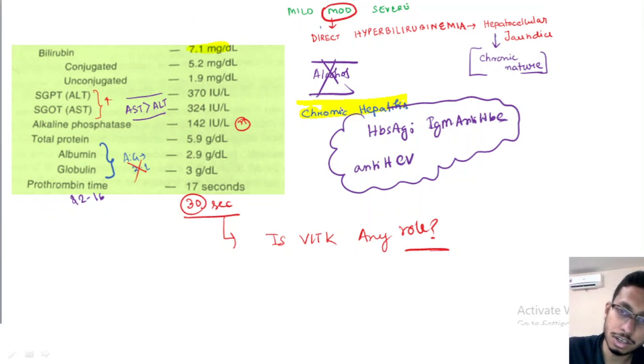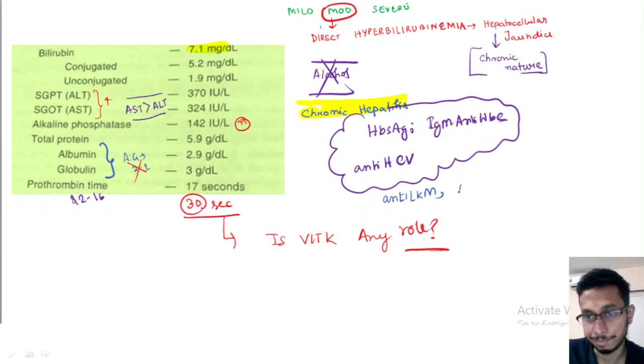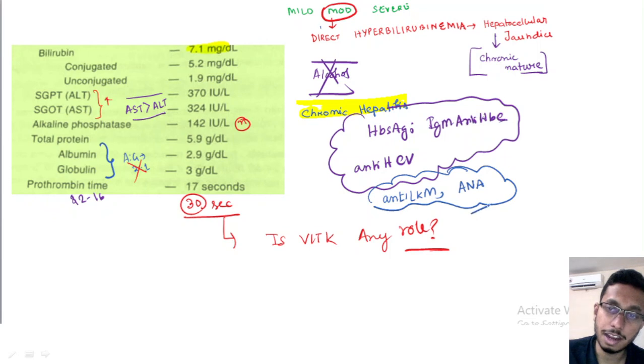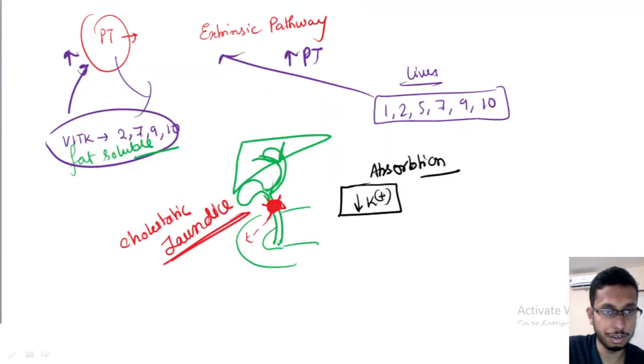Now, if these viral causes are ruled out, obviously the next step we will go for anti-LKM and ANA, to rule out the autoimmune causes of chronic hepatitis. Okay. Now, coming to the third chart.